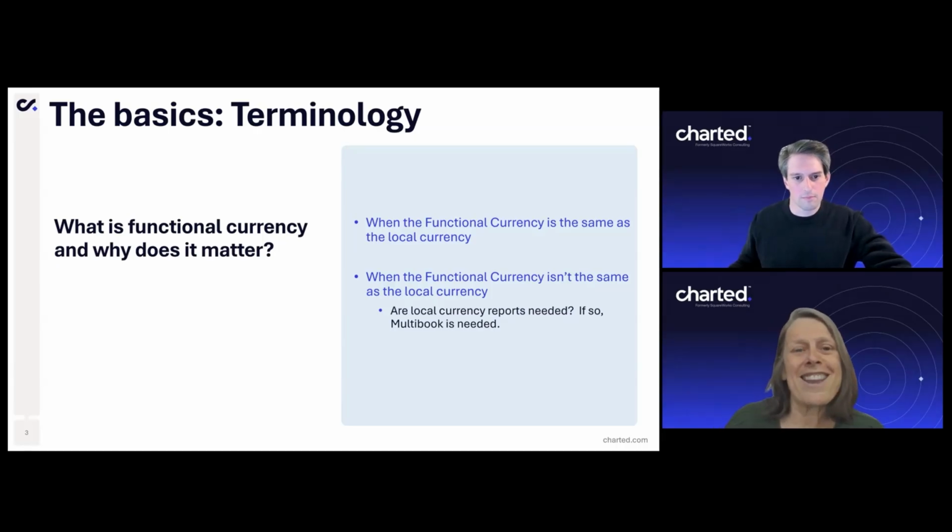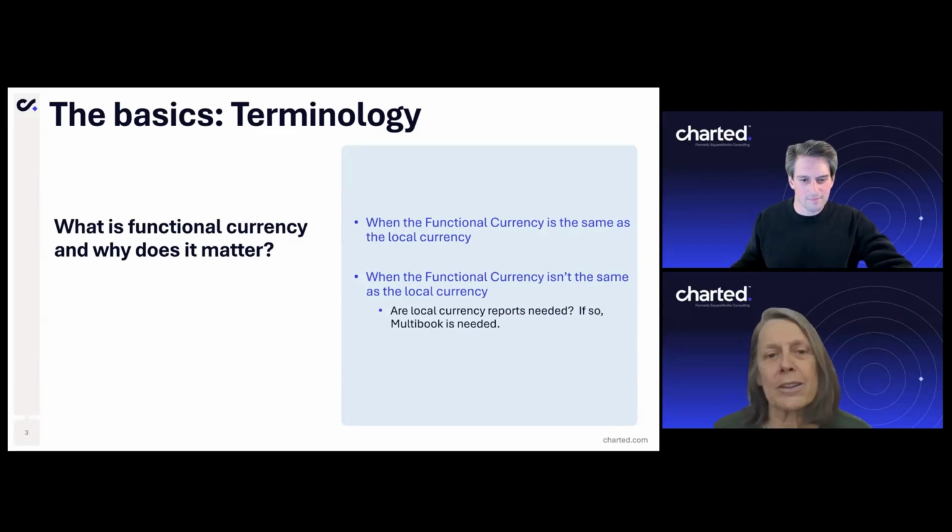Now, why is that important? That is also important because your local country may not want your statutory accounts and your statutory reports to be in that parent currency. They may well want it to be in the local currency.